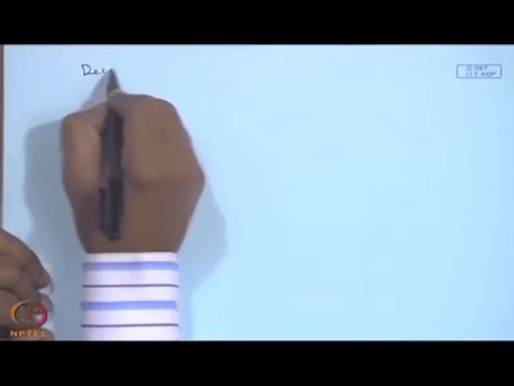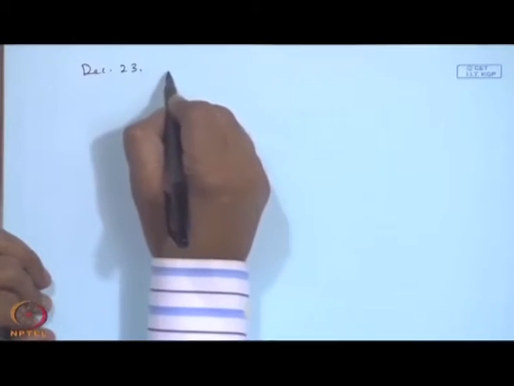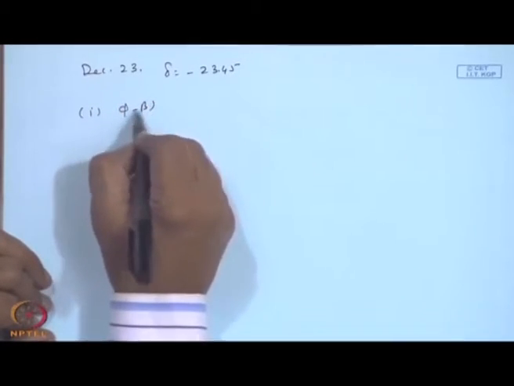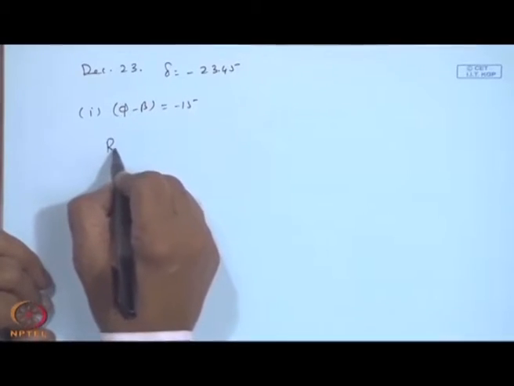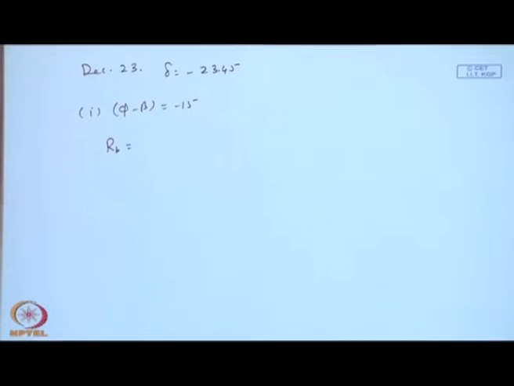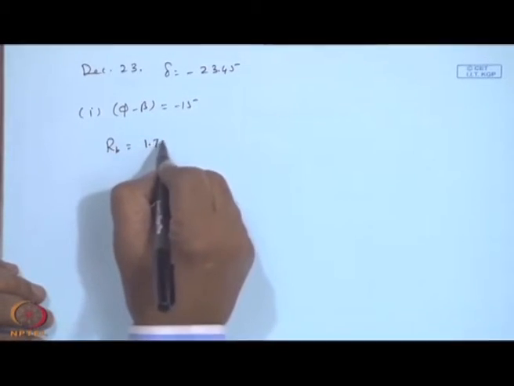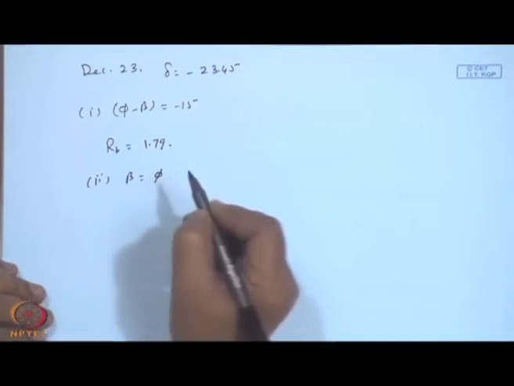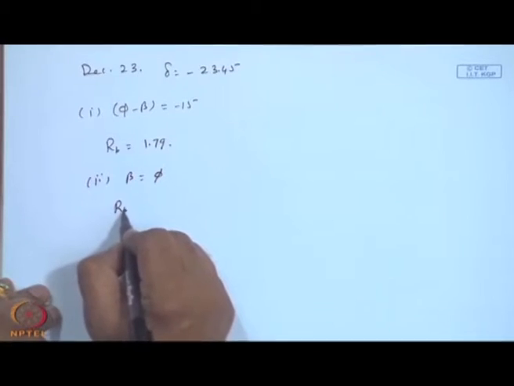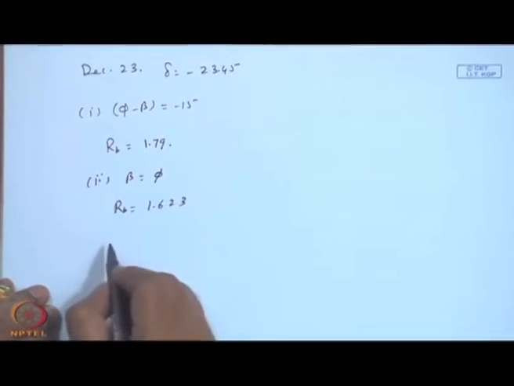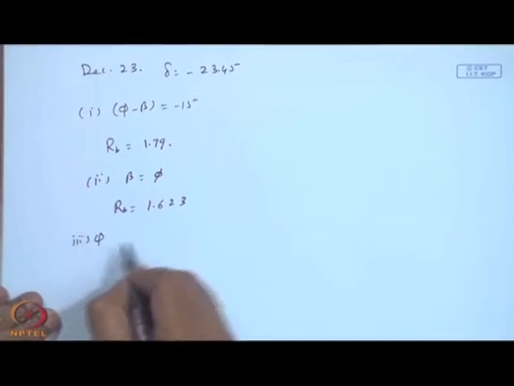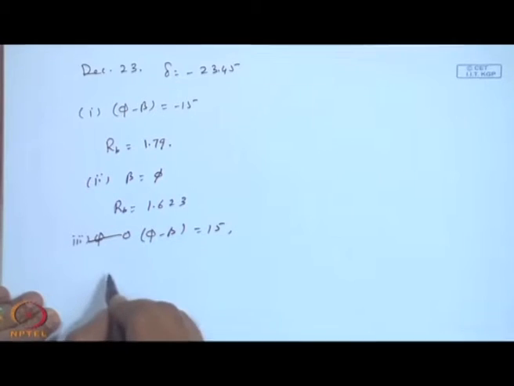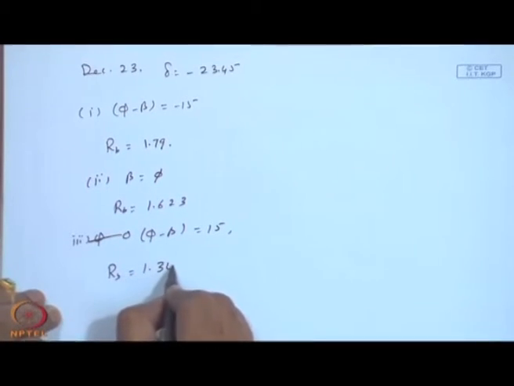And if you go to December 23rd with a declination of minus 23.45, for the first case of phi minus beta equal to minus 15, you will have RB 1.79, and then if the second case beta is equal to the latitude phi, you have RB is equal to 1.623, and if you have third one phi minus beta equal to plus 15, then RB is 1.34.